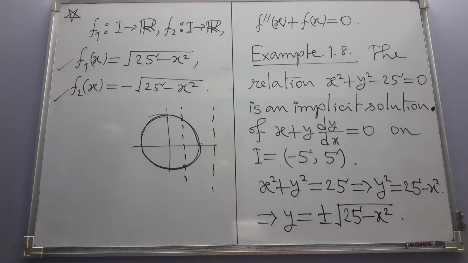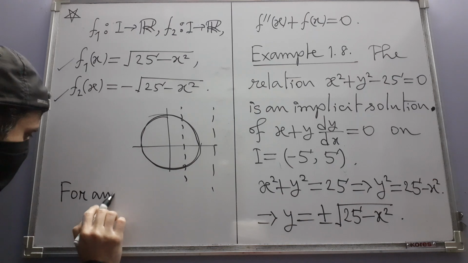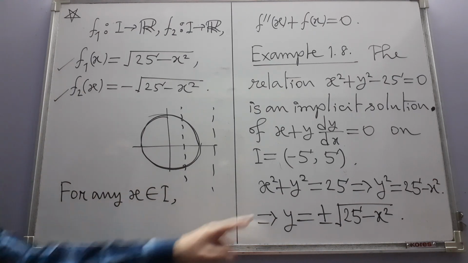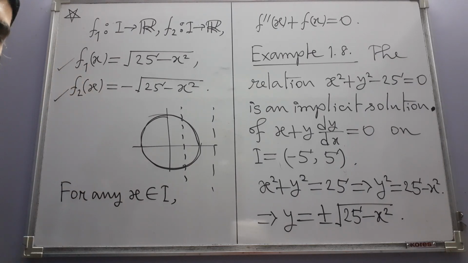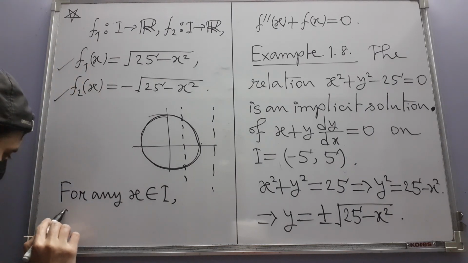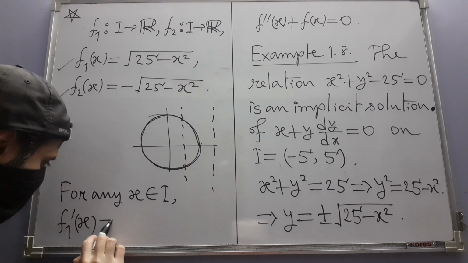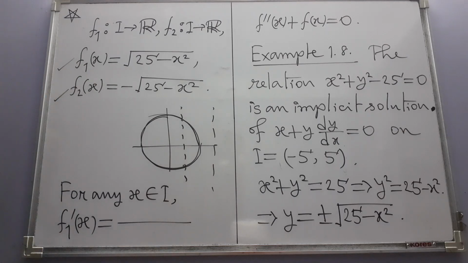Okay. Alright. Now for any x in I, in our open interval, let us differentiate the first function at x. That means let us calculate this using the differentiation rules you know from school.